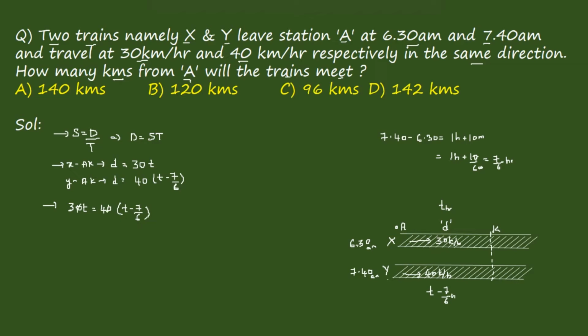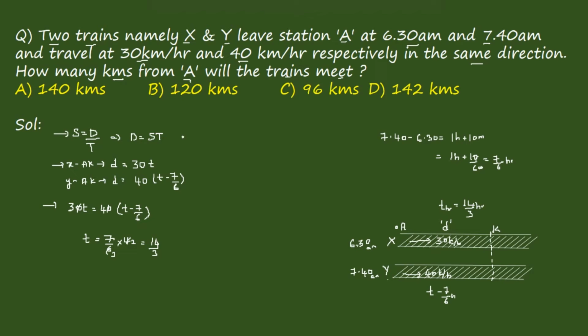The zeros get cancelled. It becomes T is equal to 7 by 6 into 4, and 3s are 2s are, which is 14 by 3. So the time taken to move from A to K is 14 by 3 hours. You have to find the distance.